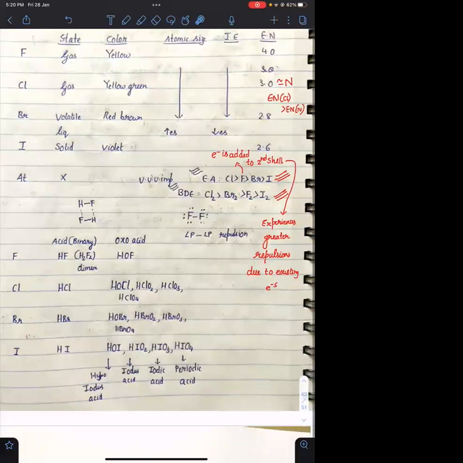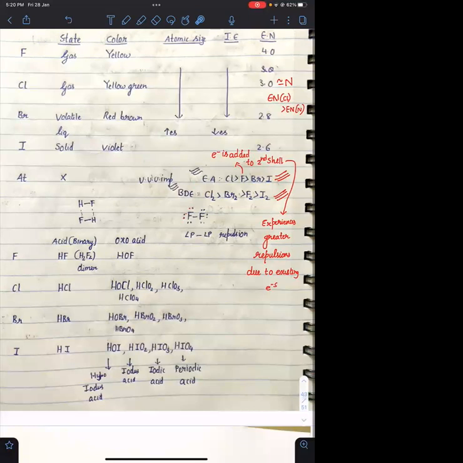Again, the reason is, in fluorine, between fluorine, you have 3 lone pairs. The size being smaller, the lone pair repulsions are greater in this case. As a result, the bond energy decreases.